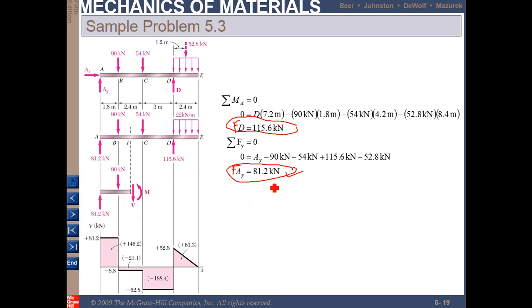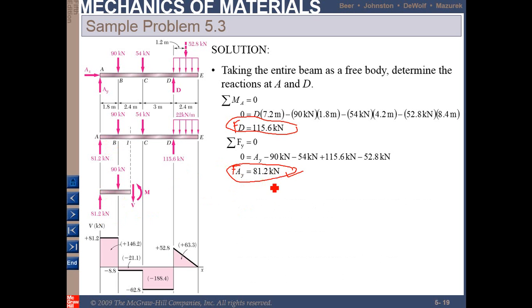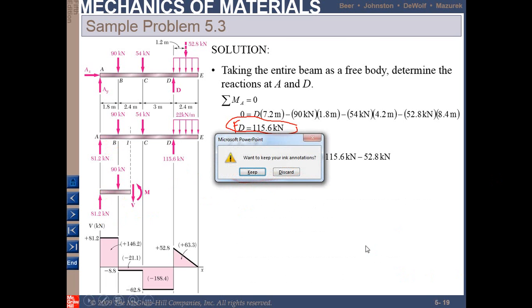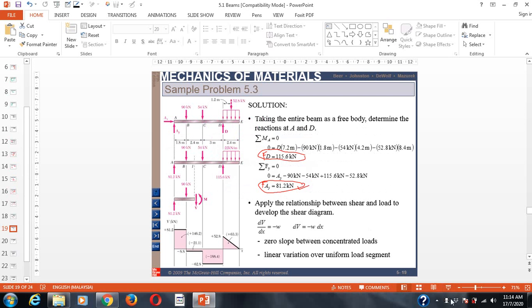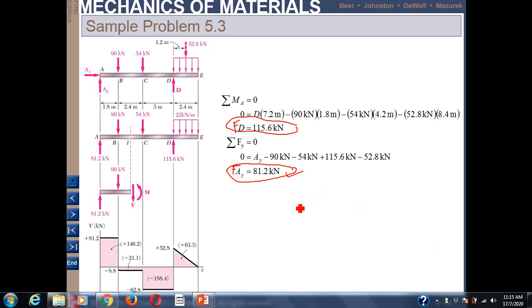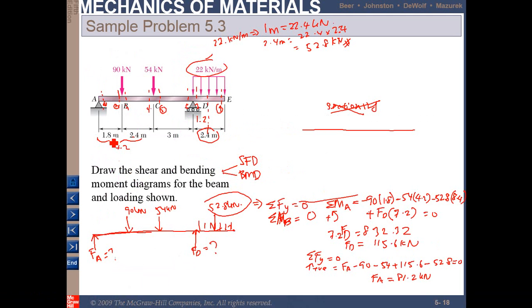Okay, so because you already have this FA 81.2, so this will go up. So when you construct the shear diagram, you start with FA. You start with FA in here, right? Because it is going up.